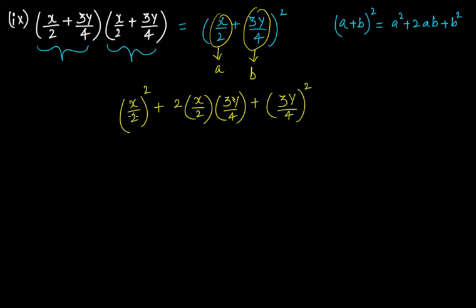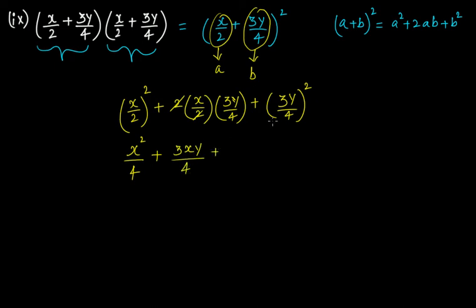Now x by 2 whole squared means numerator x by x, so x squared, divided by denominator 2 multiplied by 2, that is 4. Then plus, here it is 2, so this gets cancelled, and in the numerator you have x multiplied by 3y, so 3xy divided by 4, right?